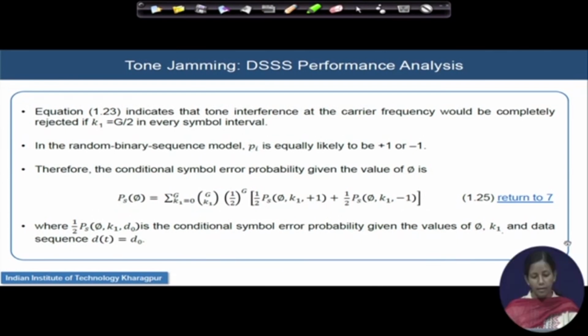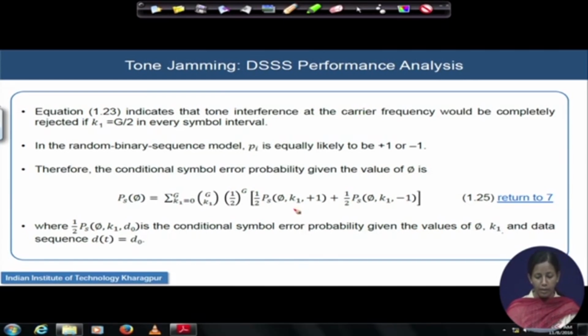So, coming back again, if we consider a random binary sequence for this sequence design, we understand that phi will be equally likely to be plus 1 and minus 1. In such a situation, the conditional symbol error probability can be given by equation 1.25, where this conditional error probability is also a combination of the conditional symbol error probability given k1, the number of times you are transmitting the symbol plus 1, and given the value of phi, and given the data symbol to be either plus 1 or minus 1, if they are equally probable.